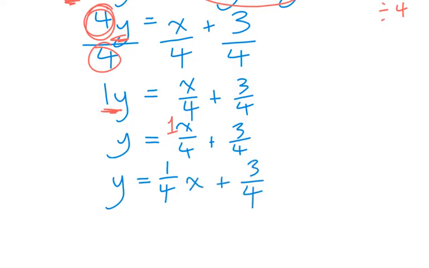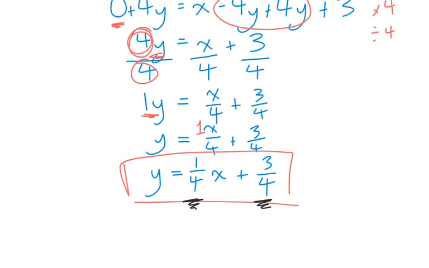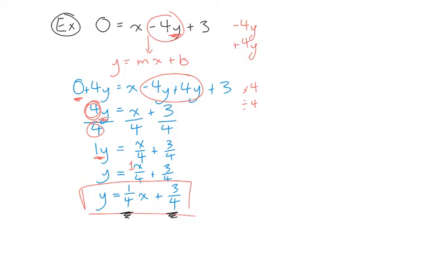You might ask yourself, why am I doing this? You're doing this because it makes the slope a little bit easier to see, and the y-intercept is also very visible as well. And there you go. The final answer is y equals 1 over 4x plus 3 over 4.